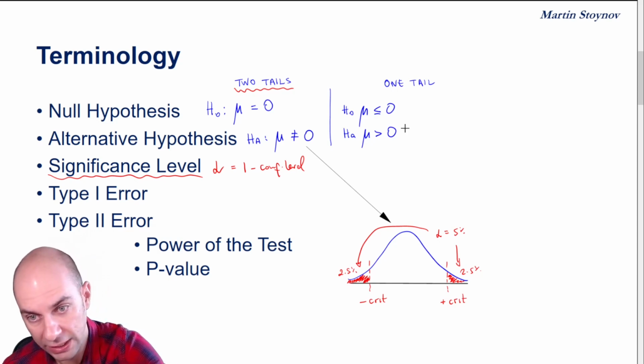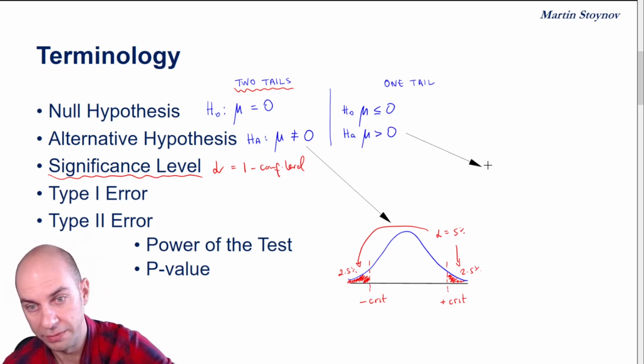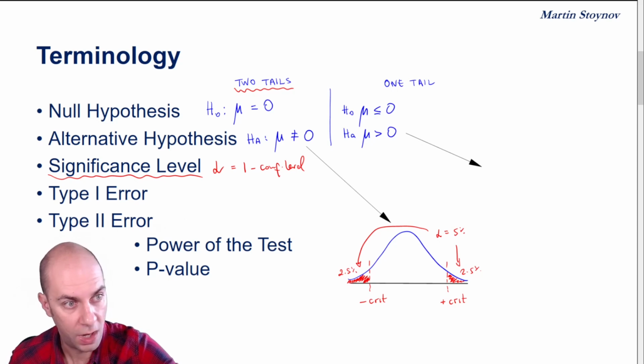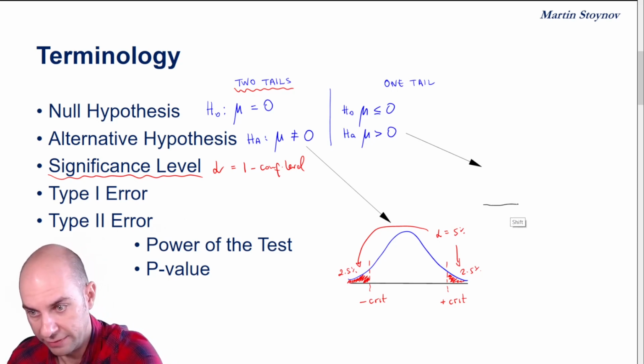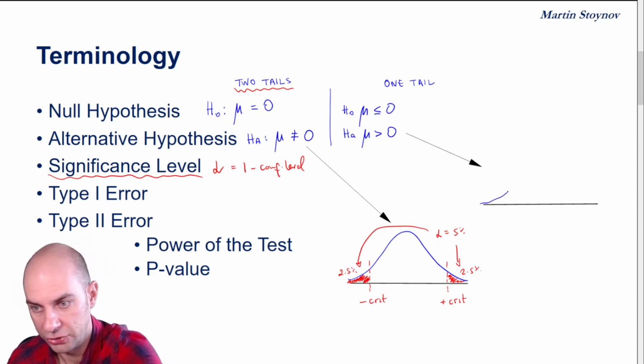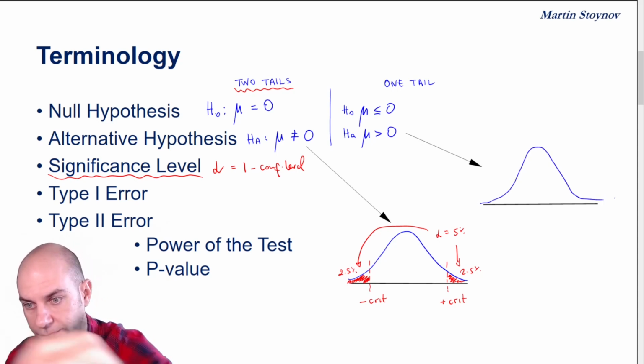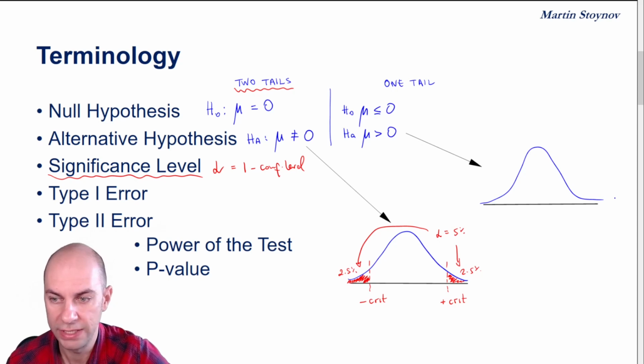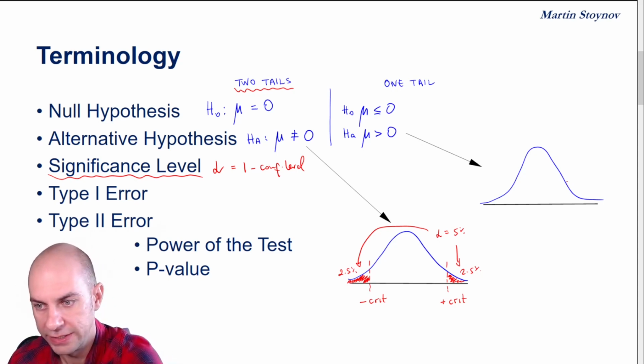Now, if on the other hand, I were performing a one-tail test, now let's have another distro here. Okay, so if it's a one-tail test, then perhaps I only consider the tail to the right. In this case, the alternative tells me which tail I'm interested in.